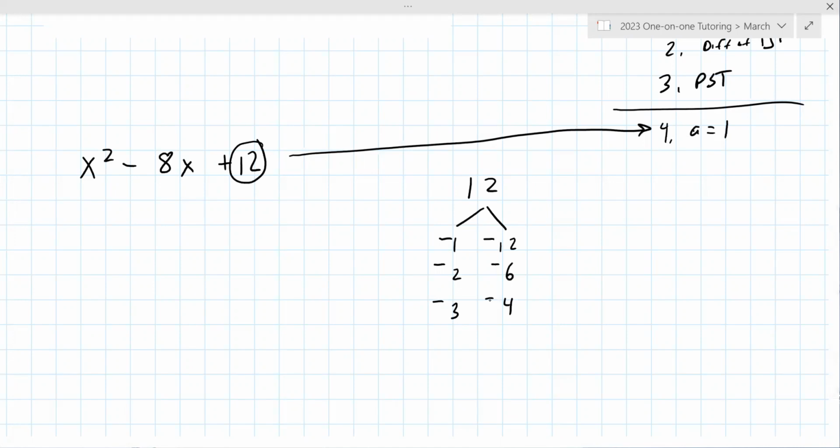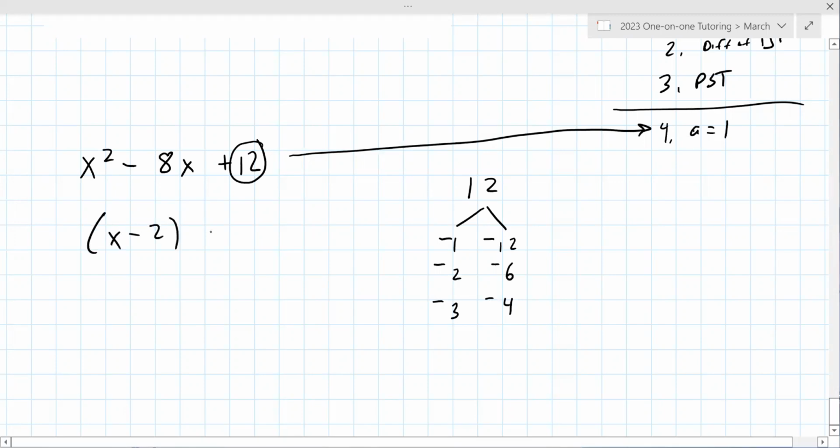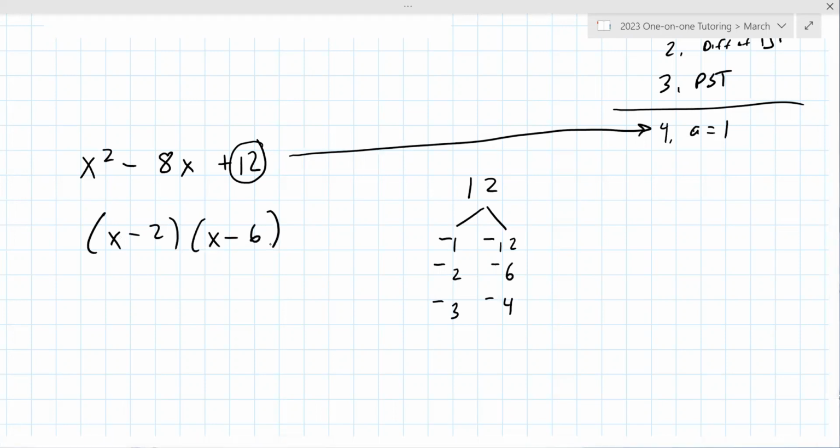So it becomes x minus 2, x minus 6. That's our answer. That's it. Wow, that's pretty simple.